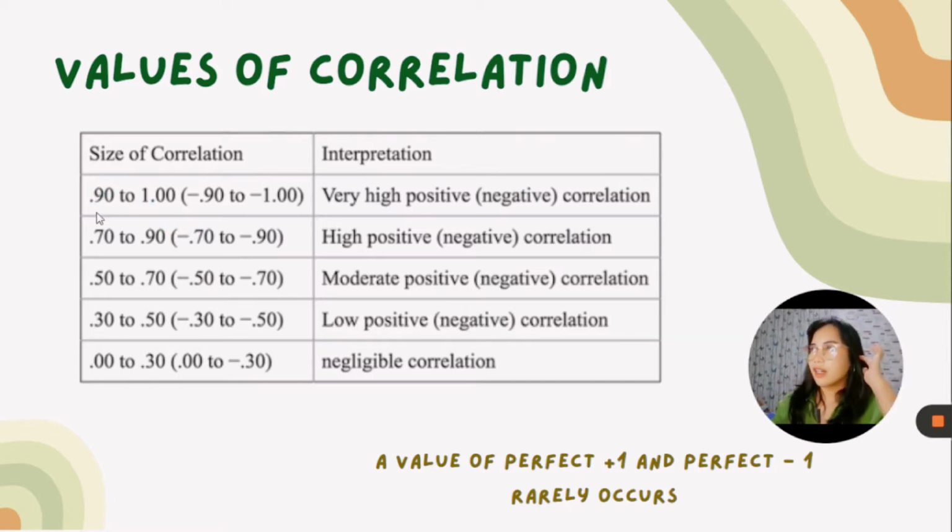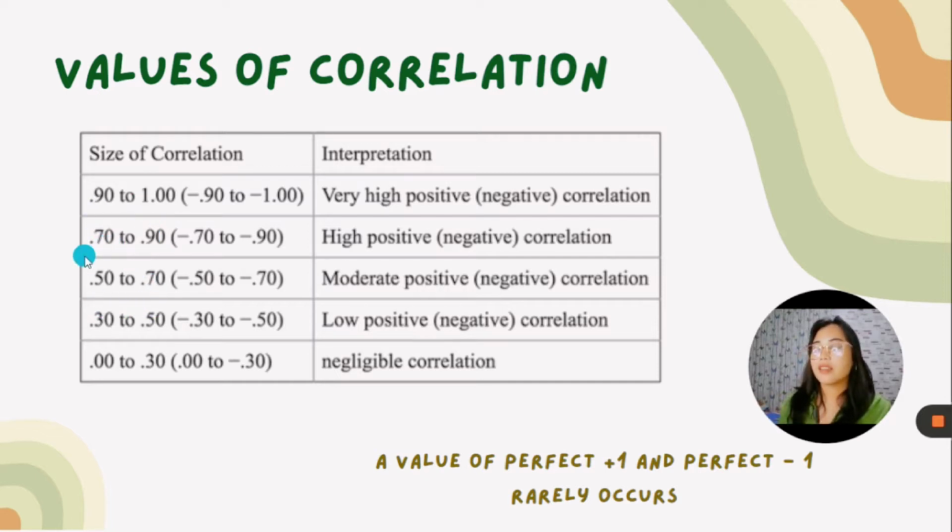If the correlational value is 0.90 to +1, it is interpreted as very high positive correlation. If it's -0.90 to -1, then it is very high negative correlation. We just change positive to negative, and do the same for the rest of the sizes.